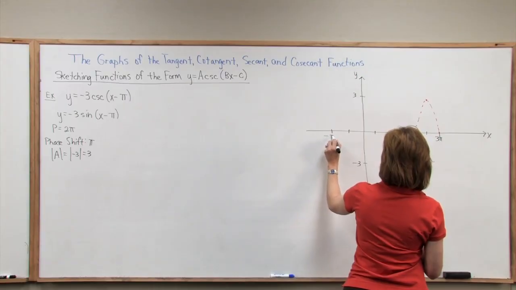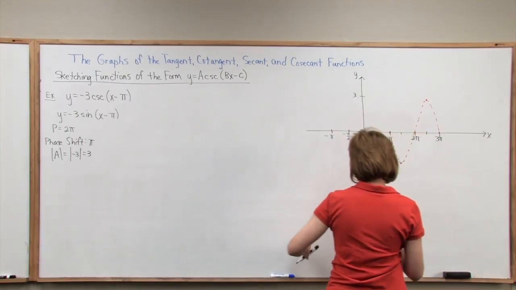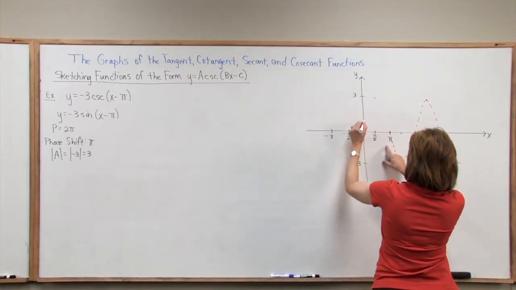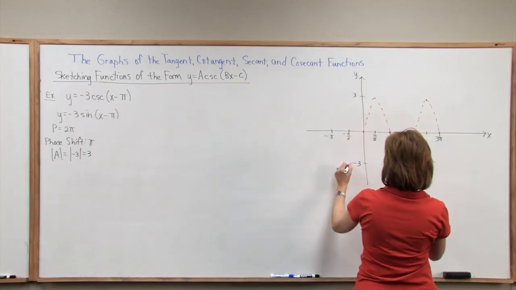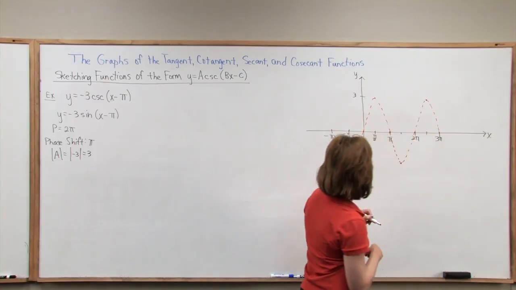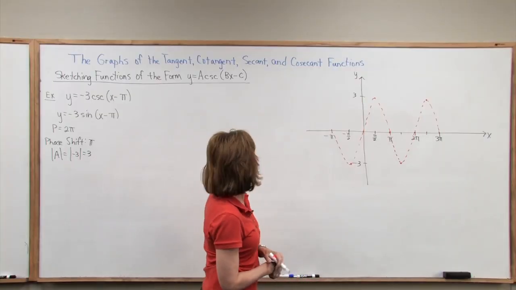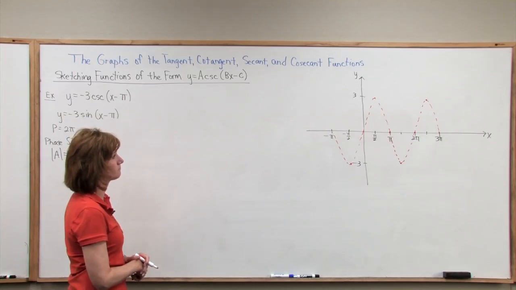So this is negative pi. It's going to go up to 3, back to 0, down to negative 3, and back to 0. Now we have two periods for the reciprocal function negative 3 sine of x minus pi.